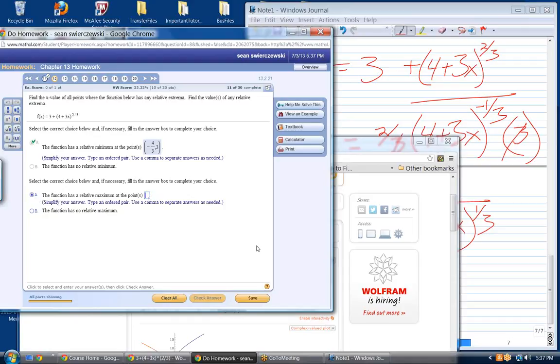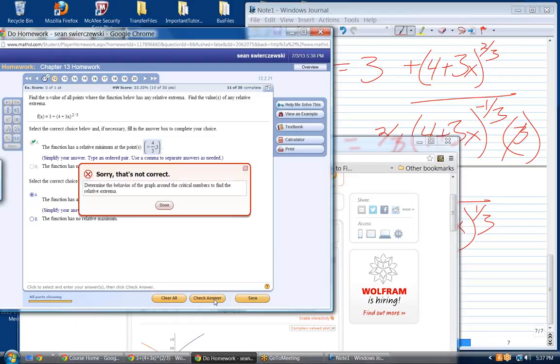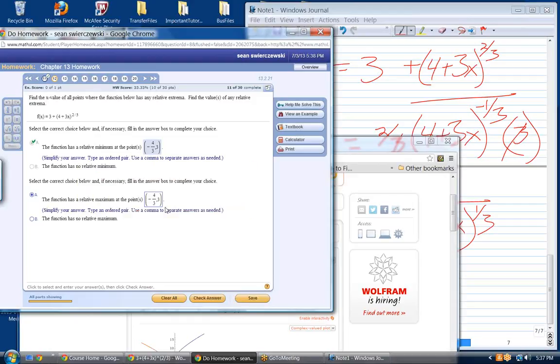Based on their logic, maybe there is no maximum, just a minimum.